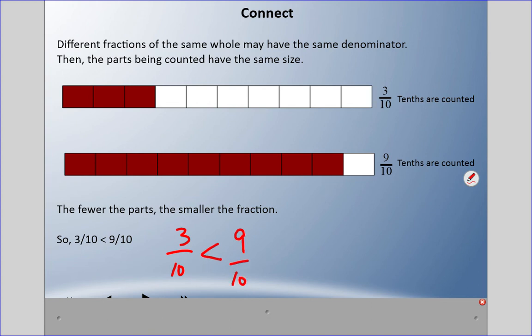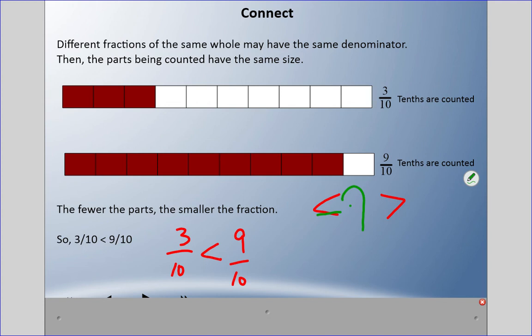Now I'm going to pause here for a sec. I'd like to talk about these symbols, and you may have teachers that have described them in different ways. We read it left to right, so we know it's less than if it's this symbol. And I was always taught there might be a bird you can make out of this, and the bird always likes less food, so it points its beak towards the smaller one.